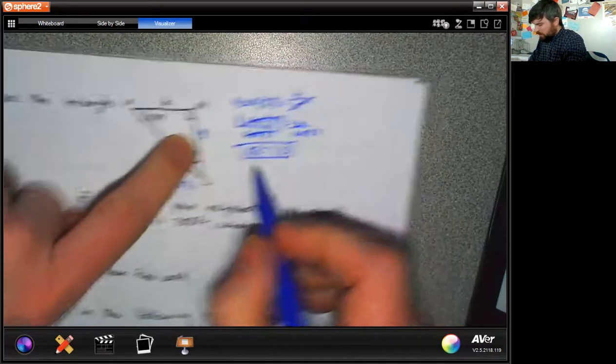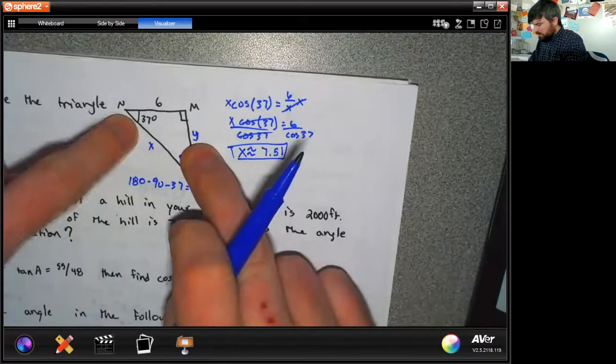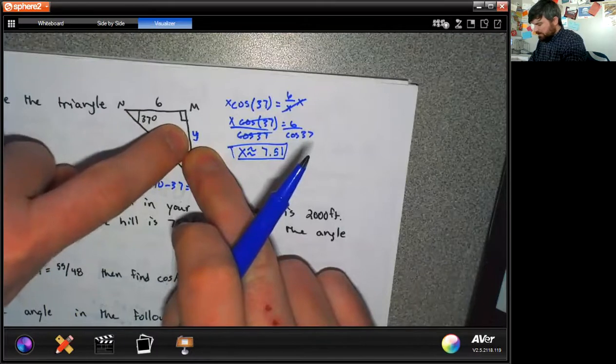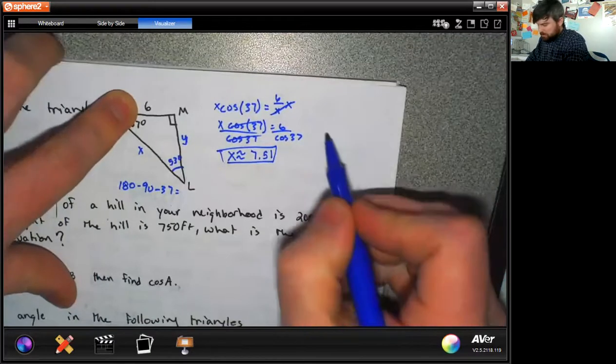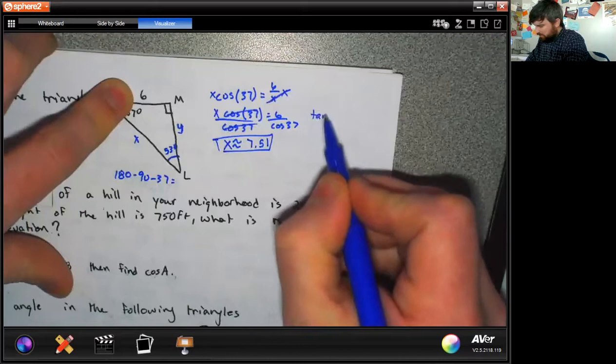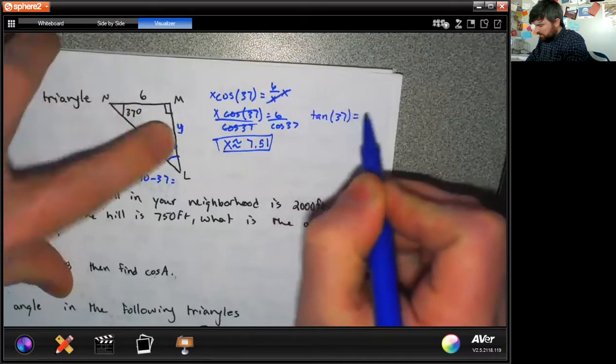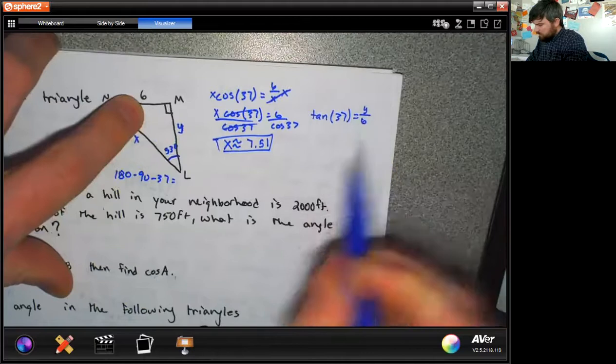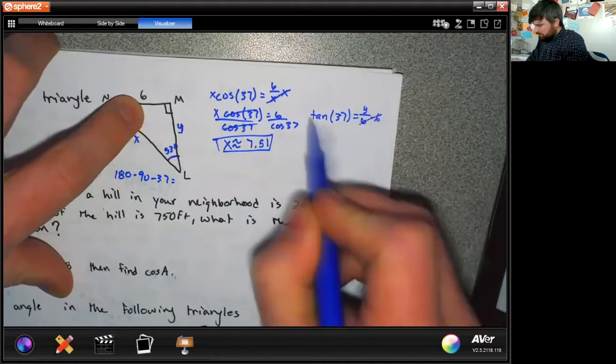Now to find Y, you have 37, that's the opposite and adjacent. So that would be tangent. So you have tangent of 37 equals opposite over adjacent. So multiply by 6.